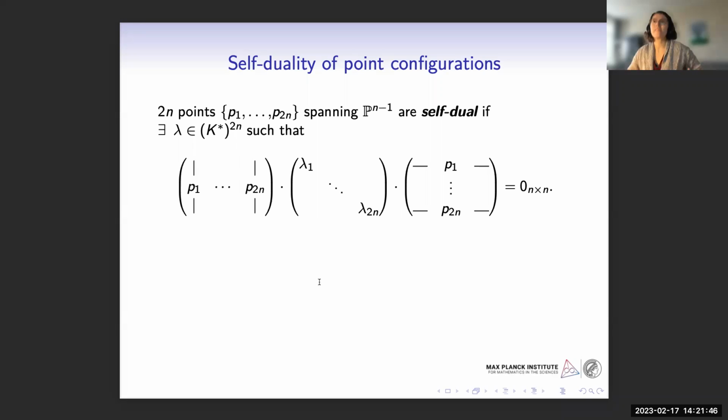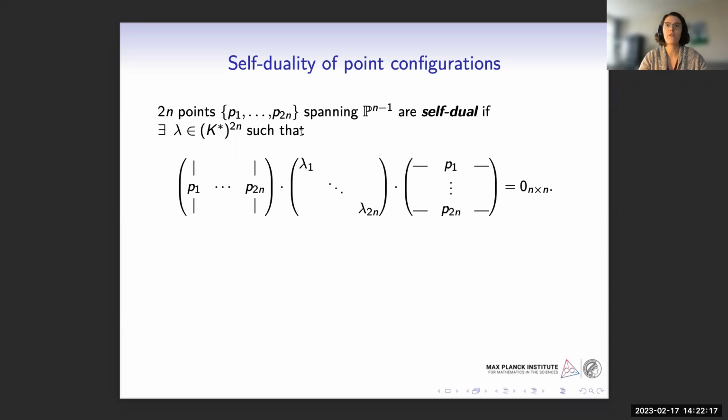Okay, so let's start with some actual definitions. What does it mean for a set of points to be self-dual? First of all, we need n points spanning P^(n-1). So they're living in a projective space, and they're called self-dual if there exists a set of non-zero lambdas, lambda 1 to lambda n, such that if I write my points in the columns of a matrix, this matrix equation holds.